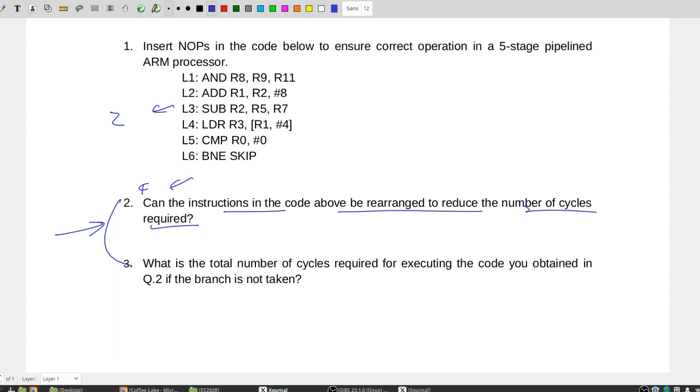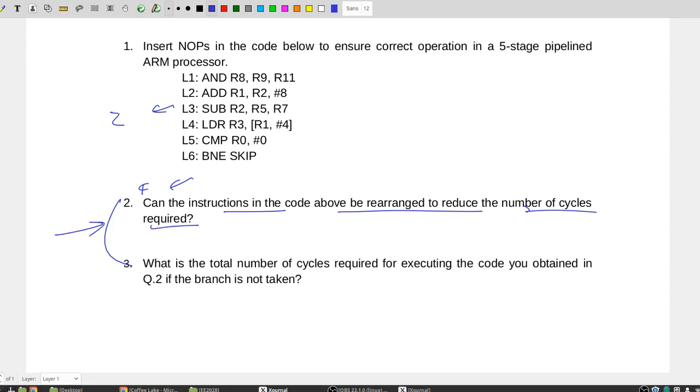What is the alternate option to inserting NOPs? Yeah, you can move independent instructions to fill up the slot instead of NOPs, because NOPs are useless, right? I mean, they ensure program functionality, but they don't do any useful computation.